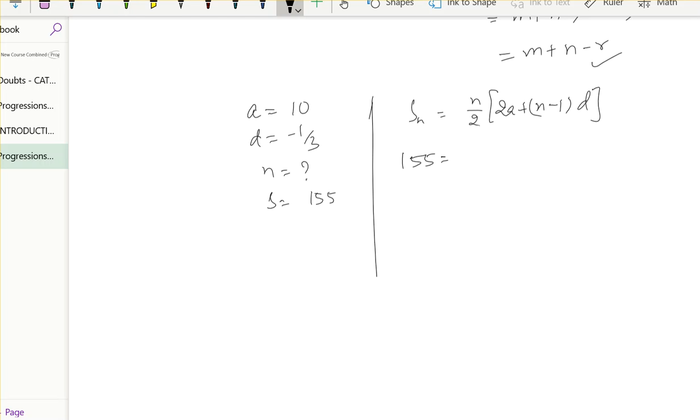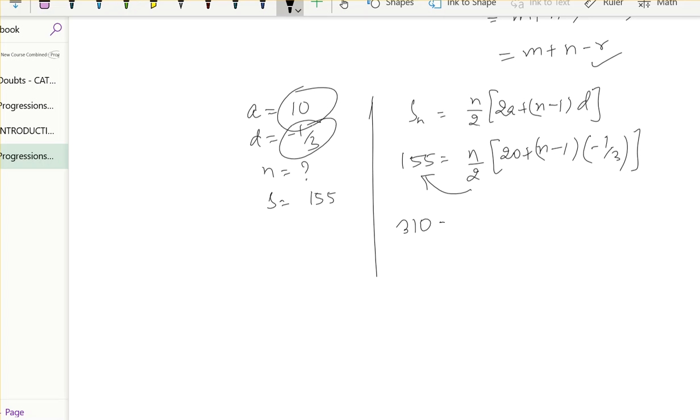So 155 is equal to n upon 2 times 2a, which is 20, plus n minus 1 times d. What is d? Minus 1 by 3. So 310 is equal to n times 20 minus n by 3 plus 1 by 3.